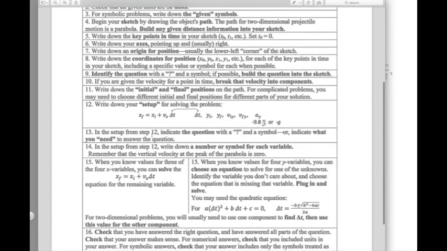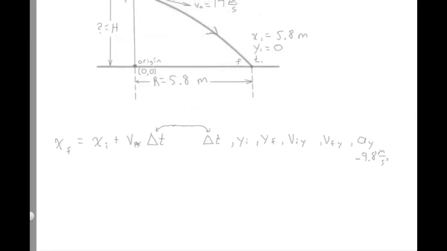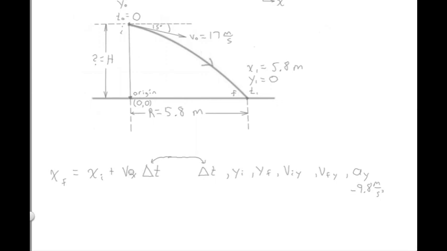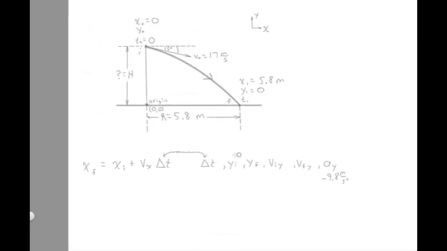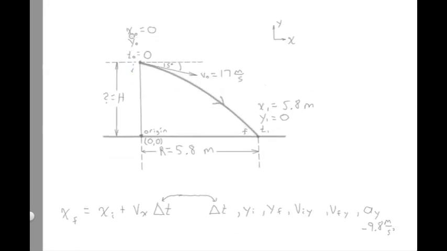All right, now in the setup, we want to indicate the question with a question mark. The question here we know was asking for h, but how does that relate to our setup? We should be able to see now that when we know this vertical coordinate, we will know the answer to the question.